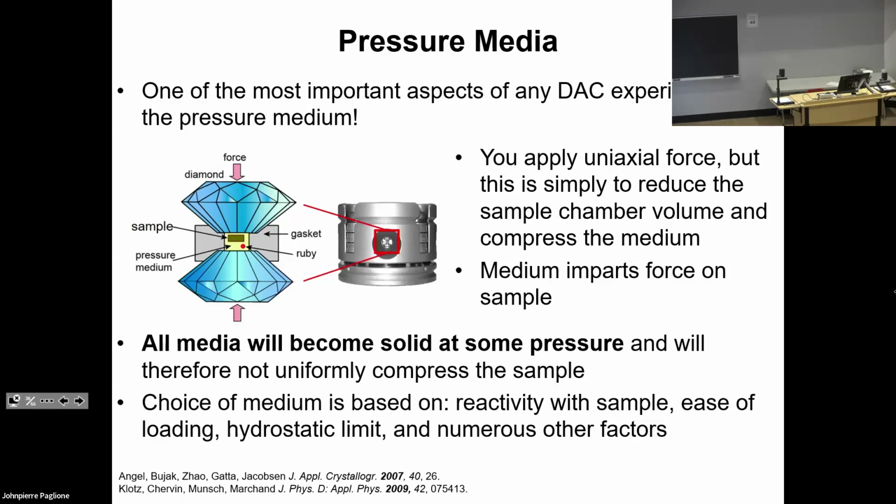That's going to cause broadening in peaks, or even, if you have a really fine probe at a very small spot size, different spots on your sample might give you a different diffraction pattern or different spectrum. So keeping in mind what your medium is and how that might affect your measurement is very important. You also want to think about: will it react with my sample? Is it easy to load? That's not always trivial, and there are many other factors as well.